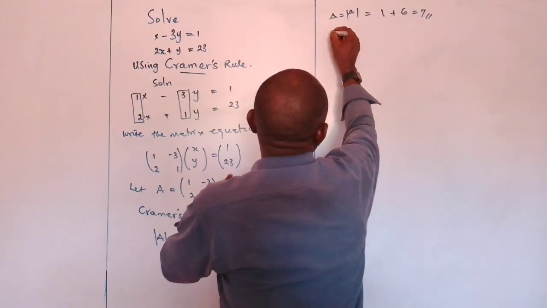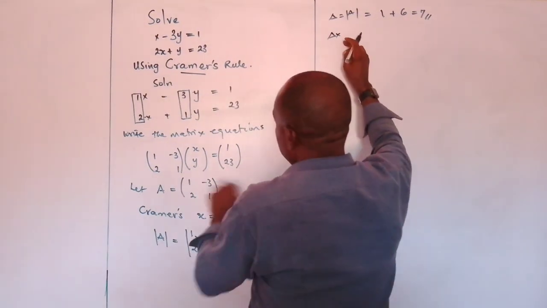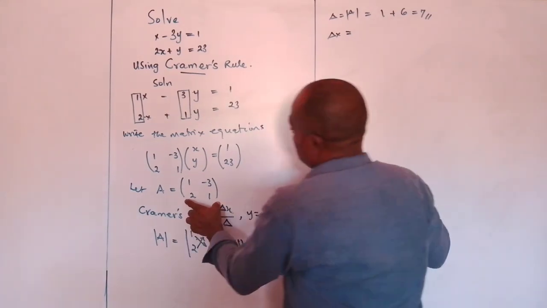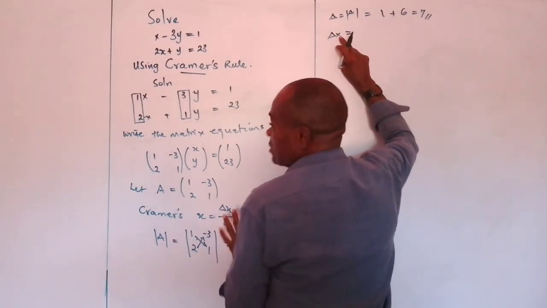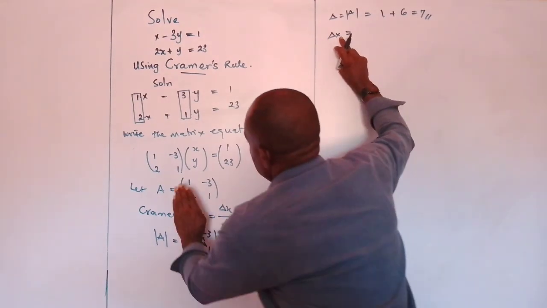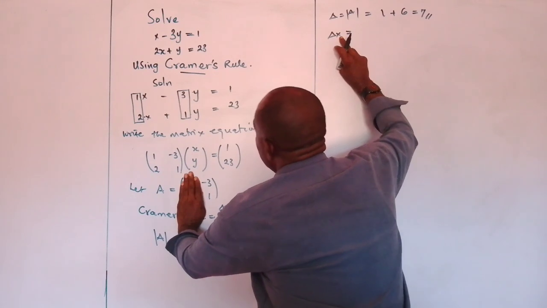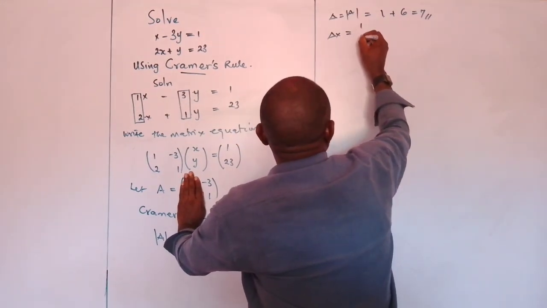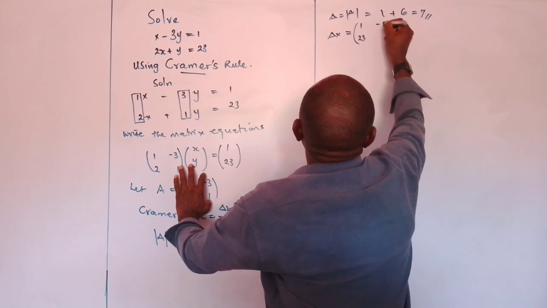To get the determinant of x, in this arrangement, what you do is you remove the coefficients of x and bring in the neutral coefficients, and then you bring down the coefficients of y.